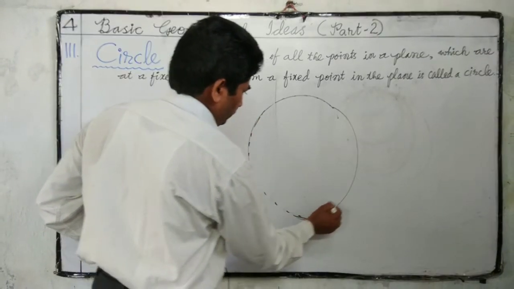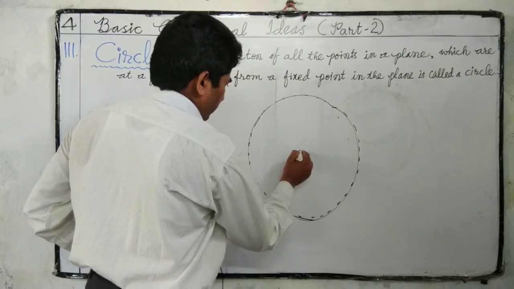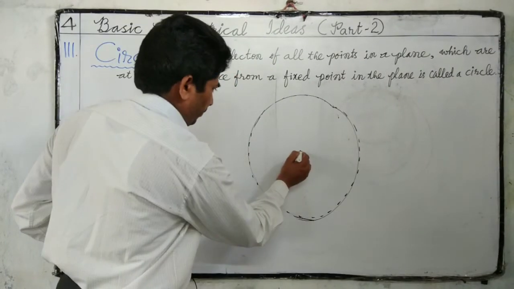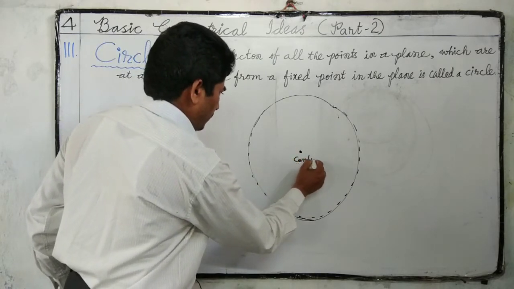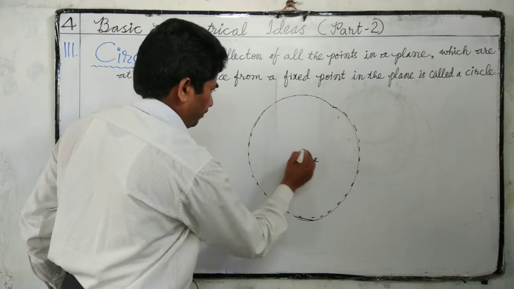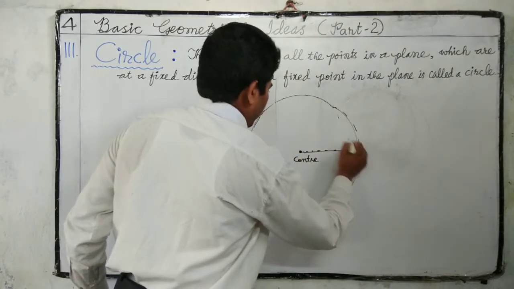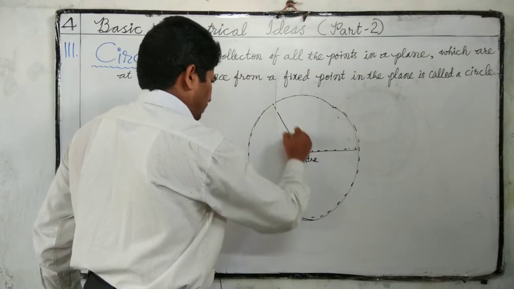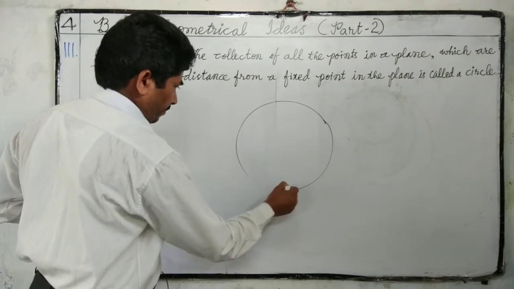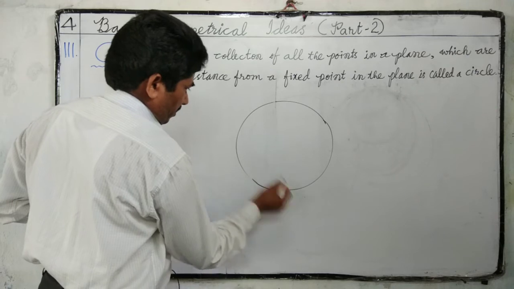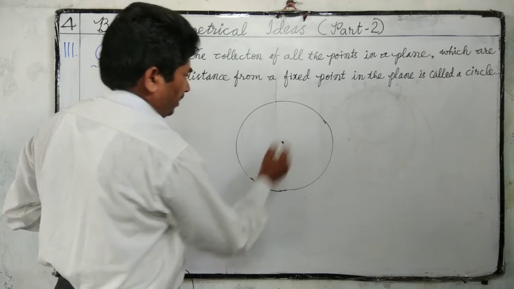These are points at a fixed distance from a fixed point.